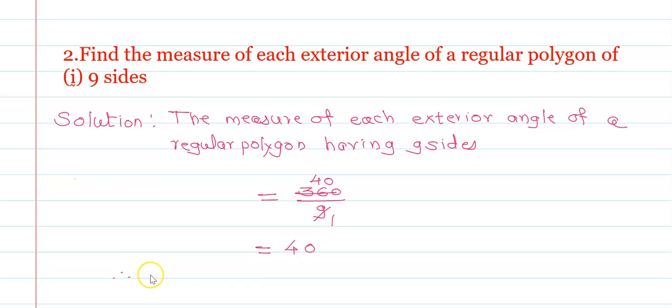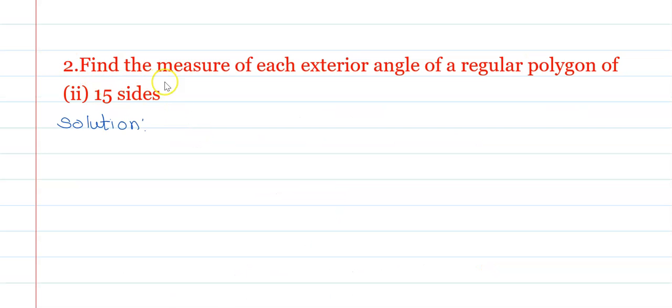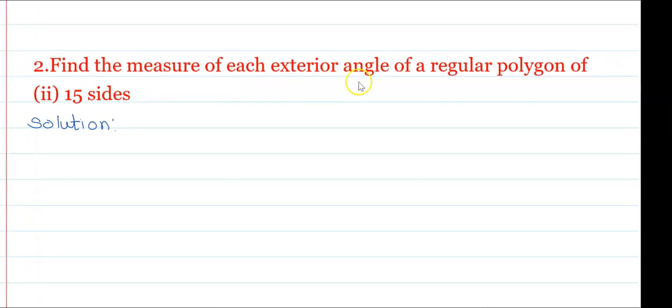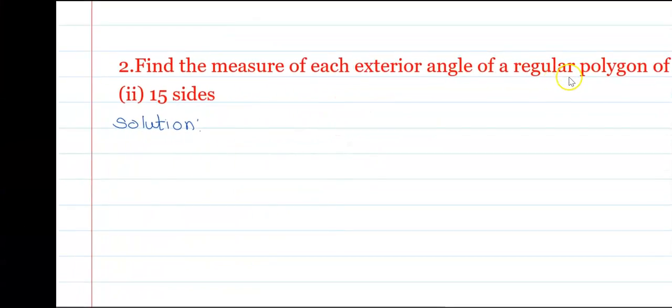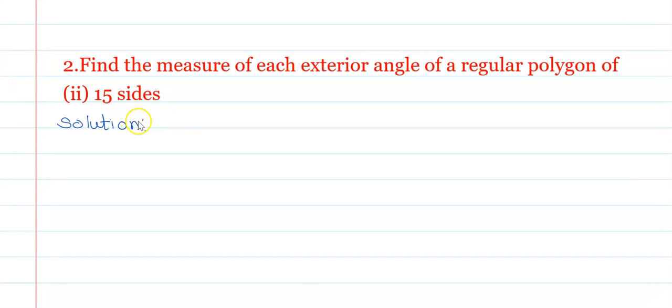Therefore the measure of exterior angle is equal to 40 degree. Next, find the measure of each exterior angle of a regular polygon of 15 sides.